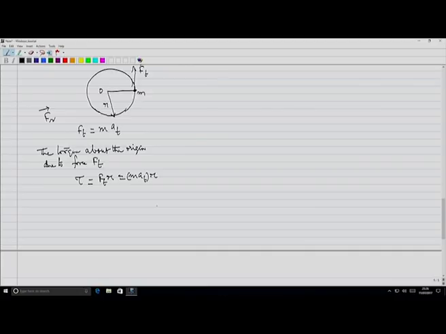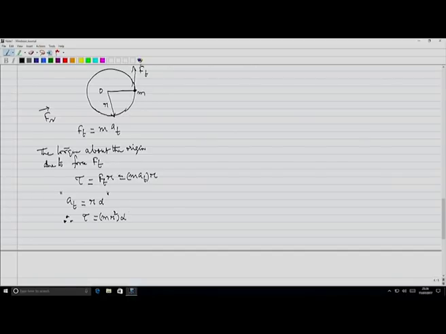Okay, now what is a_t? In the earlier section also we calculated, it is r times angular acceleration. Therefore tau is equal to m r squared into alpha.